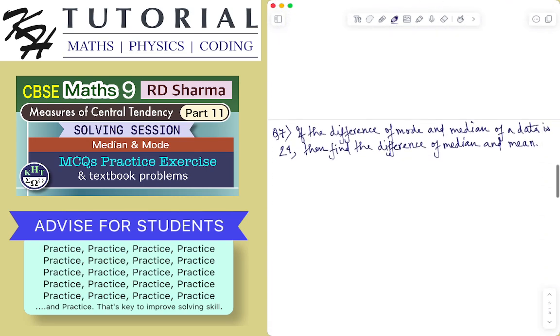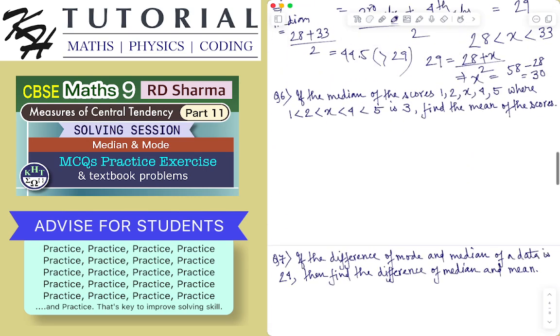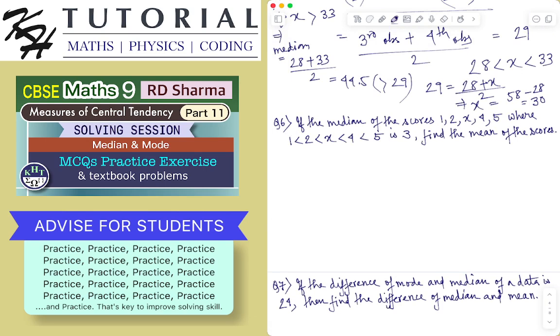So there are many other problems. Okay, question number 6 says if the median of the scores 1, 2, x, 4, 5, where 1 is less than 2, is less than x, is less than 4, is less than 5, is 3. So the observations 1, 2, x, 4 and 5 are in ascending order, and the median is given to be 3.